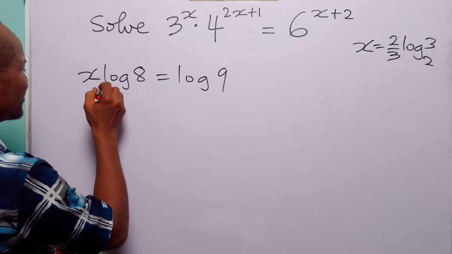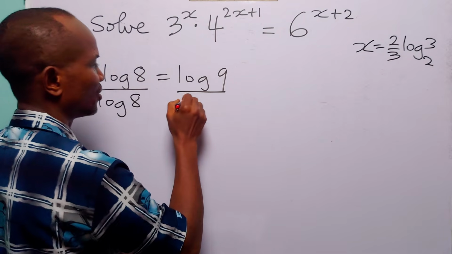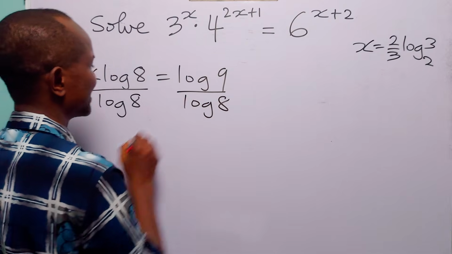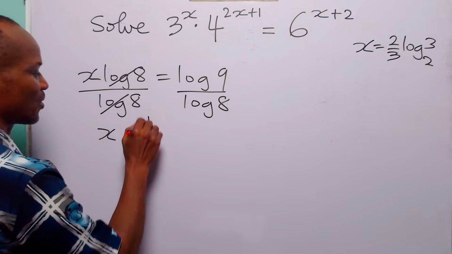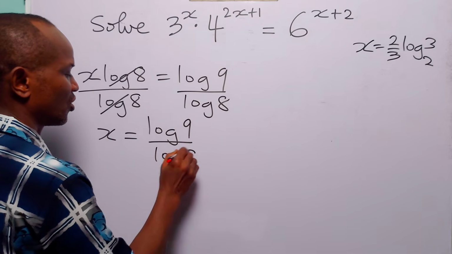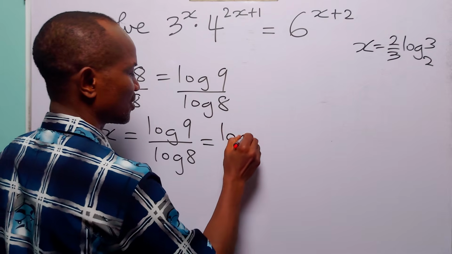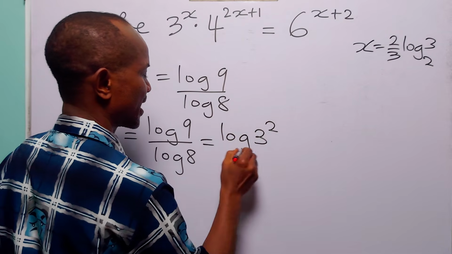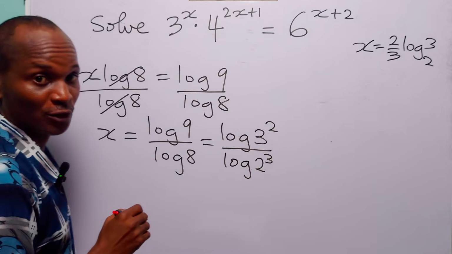And of course, to find the value of x, we divide both sides by log 8. We have that x is equal to log 9 over log 8. Once more, this is equal to log 3 squared over log 2 cubed.